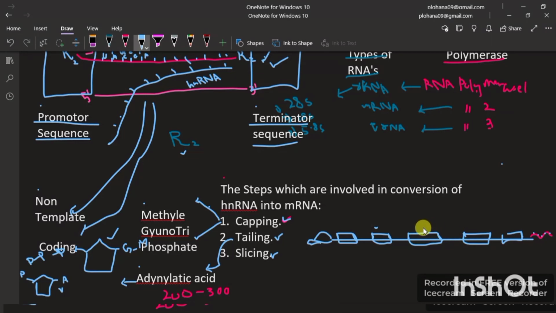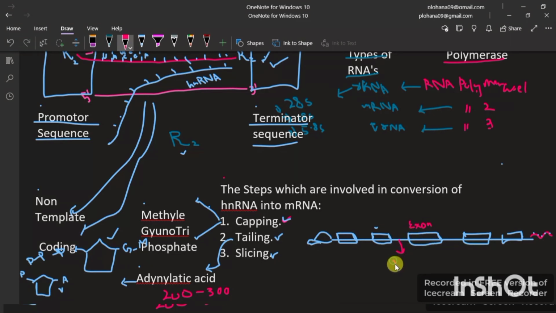Alright, so the parts which are forming proteins are known as what? These are known as exons. This is exon, this we do have exon, again this we do have exon. And the parts which are not forming the proteins are known as what?